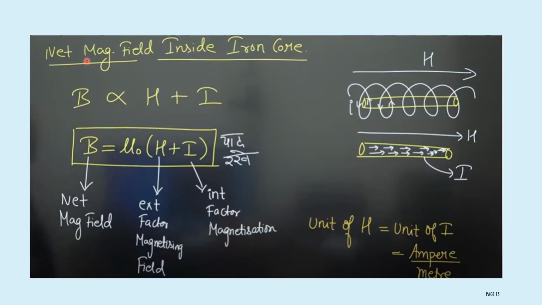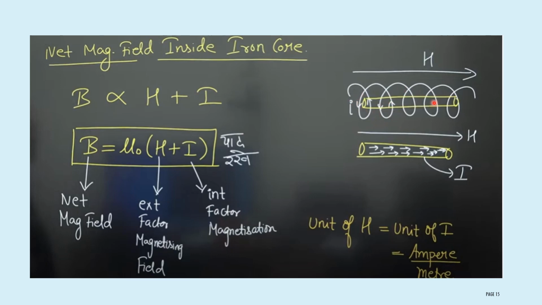The net magnetic field inside the iron core is indicated by B. B is directly proportional to the magnetizing field H, which is the external factor, plus I, magnetization, which is the internal factor. Let us see here. This is the solenoid.